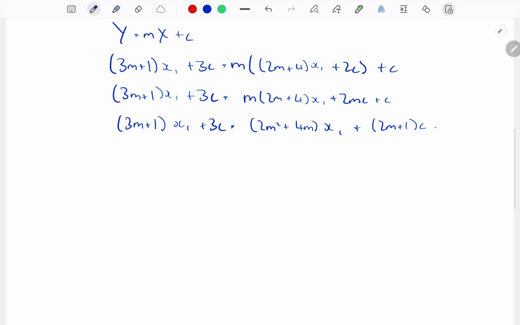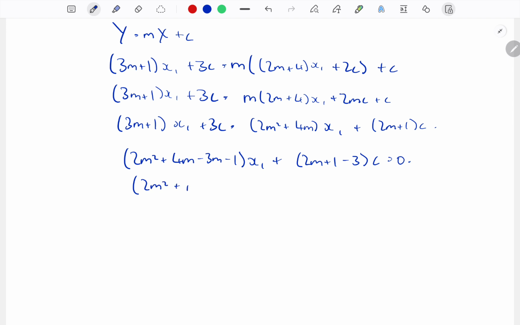So if we take everything to the right hand side, (2m squared add 4m take away 3m take away 1) x1 add (2m plus 1 take away 3)c is equal to 0.